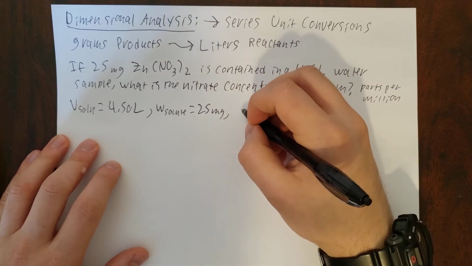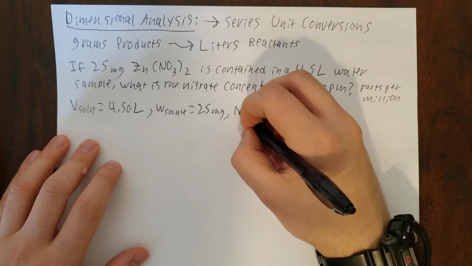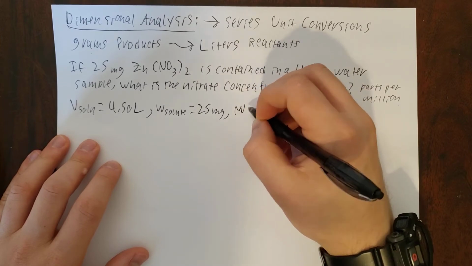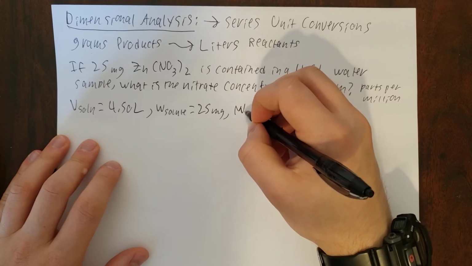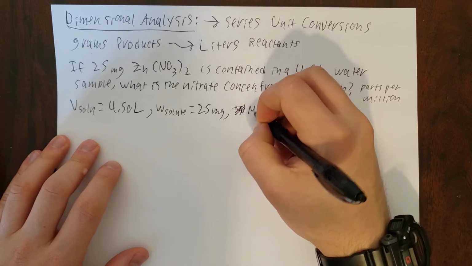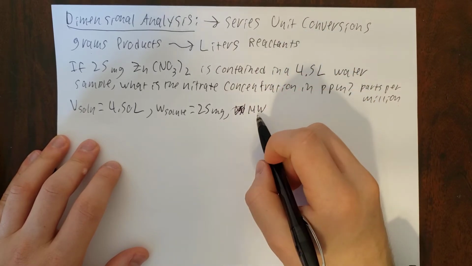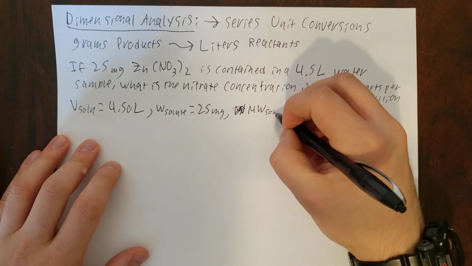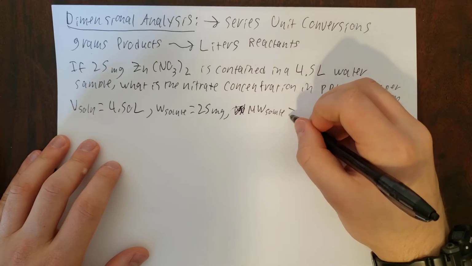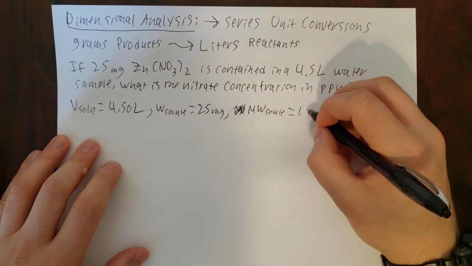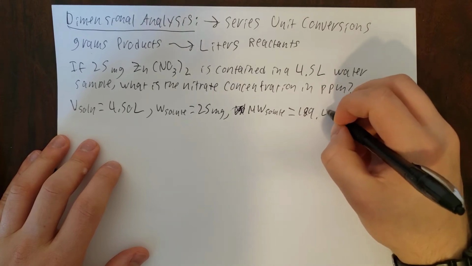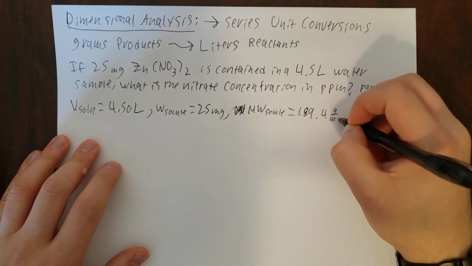Using the periodic table, we can find the molecular weight of the solute, which is a known quantity of 189.4 grams per mole.